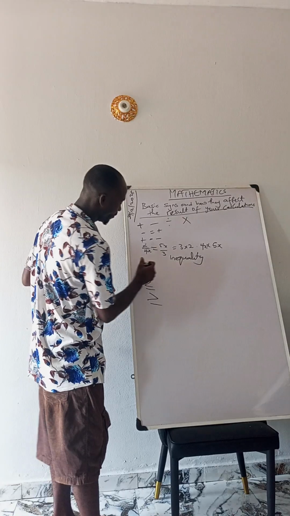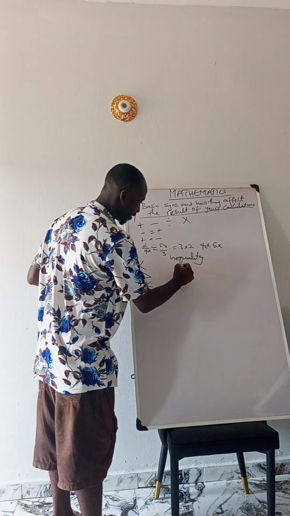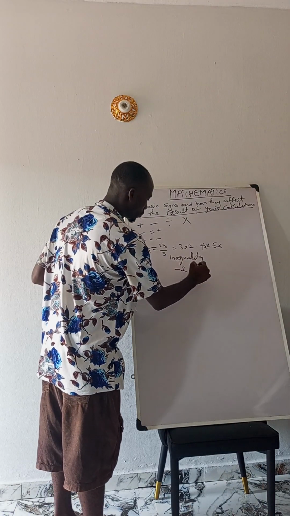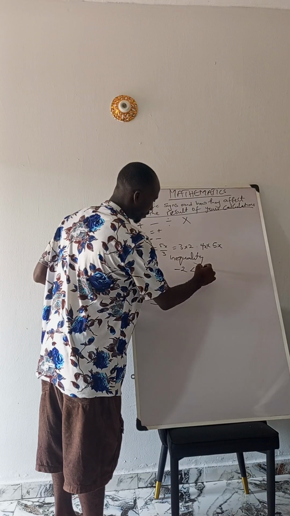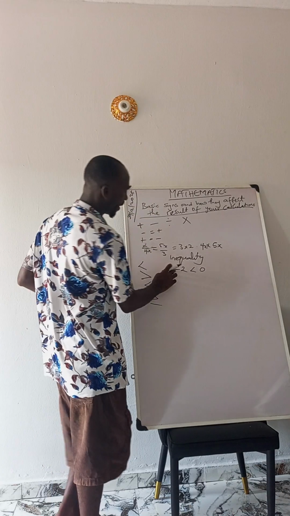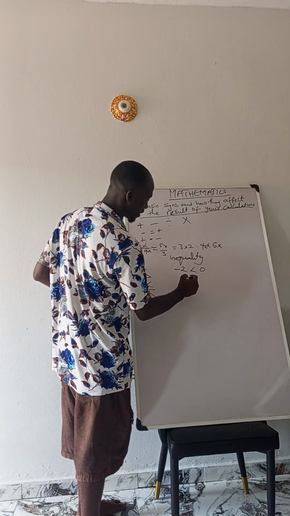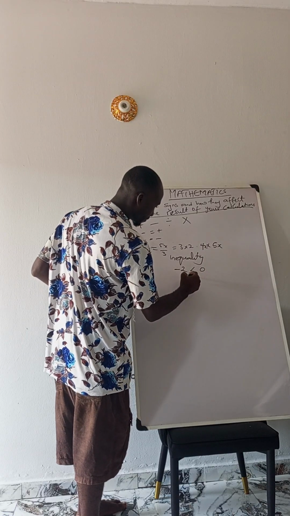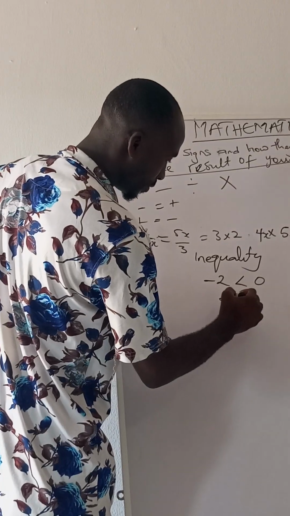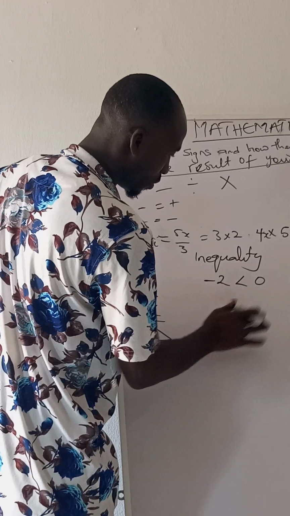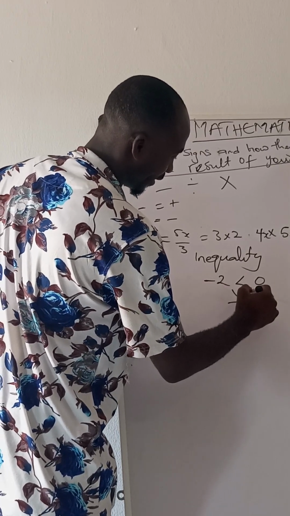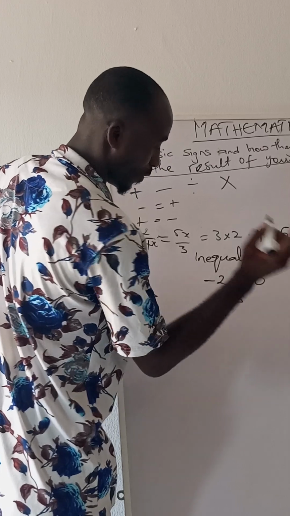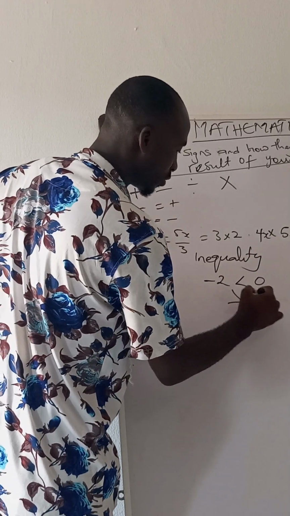Now, when you have a less than sign, for example, you have -2 less than 0. Now, when -2 wants to cross to this place, it changes to 2. It changes to greater than, this will be very big, we will get there. It changes to greater than 2.